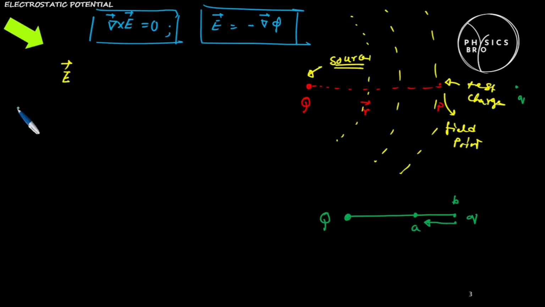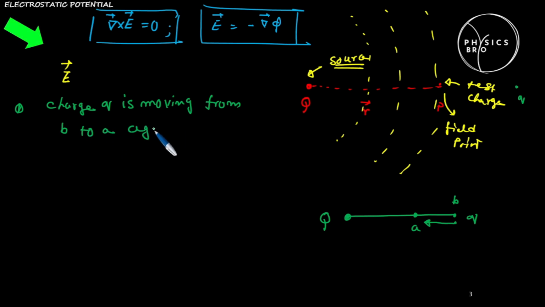So I am writing here that the charge q is moving from B to A, against the influence of the source.